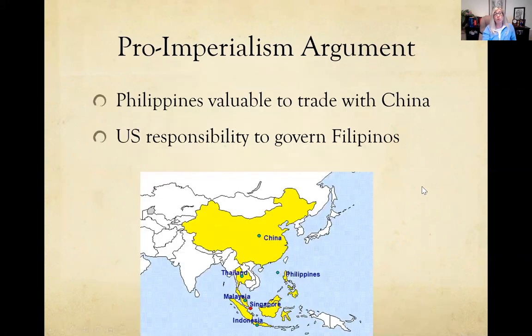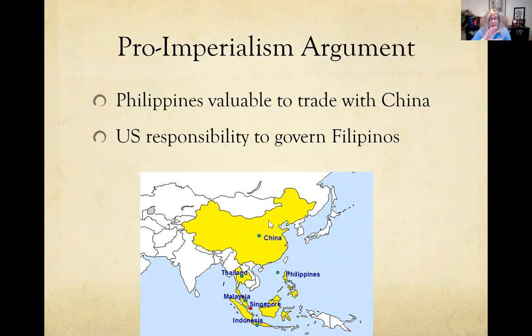Okay. So those who say that it is a great idea to hang on to these colonies use these arguments as justification. One is that the Philippines, notice where they're located here, would be a fabulous place to use as a launching point to trade with China.